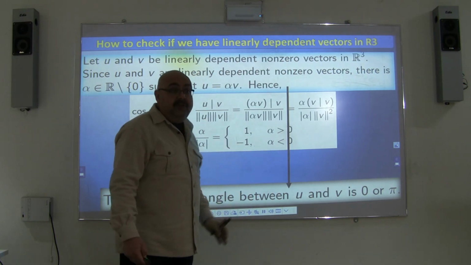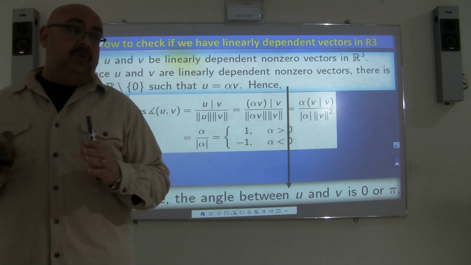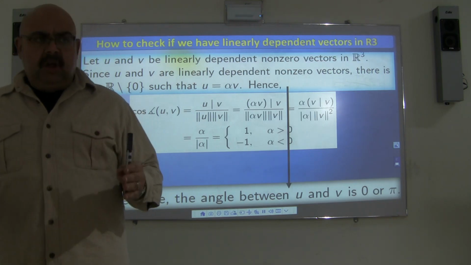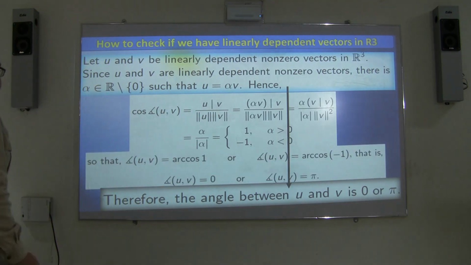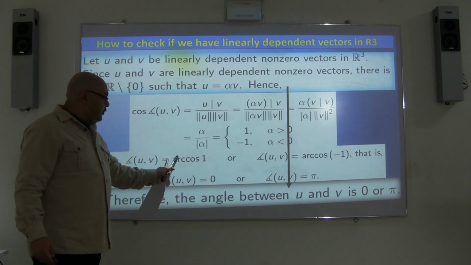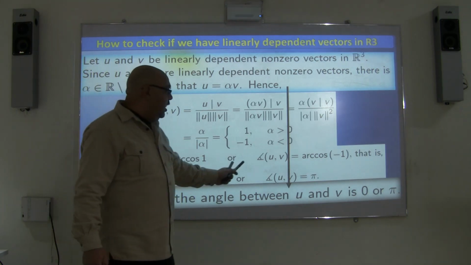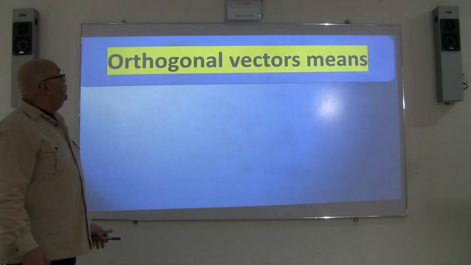That's the condition for the dependency. If I have a vector and I want to see if it is a linear combination or something, all I have to do is this check. So u dot v is equal to 1 or negative 1, which gives the angle 0 or pi. That's the angle between them.